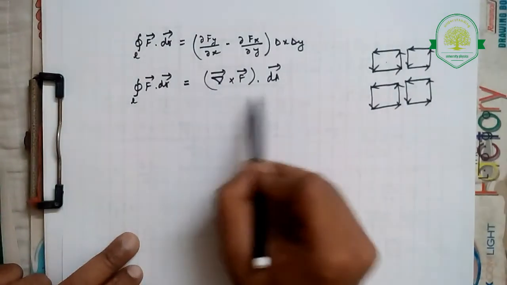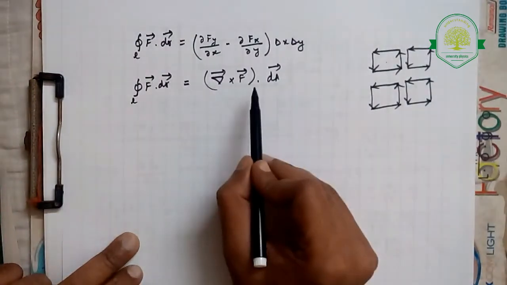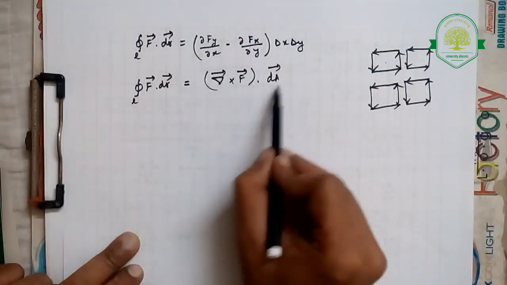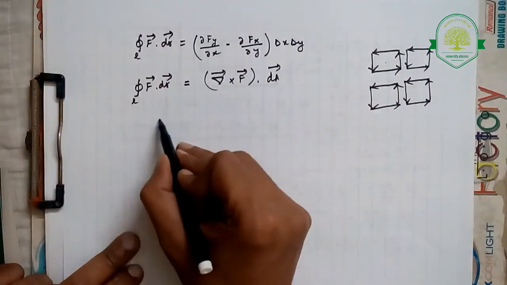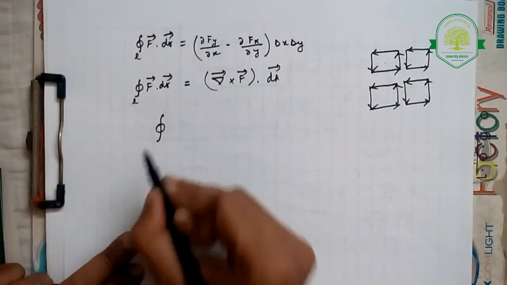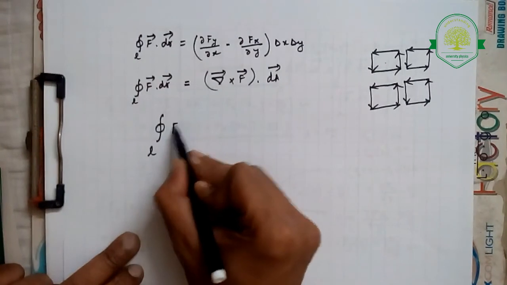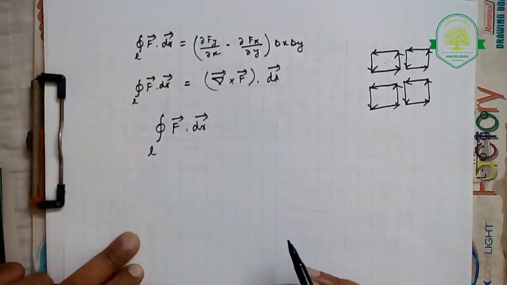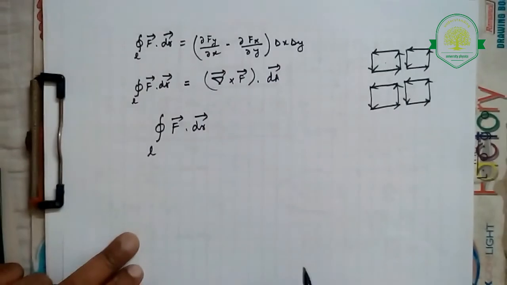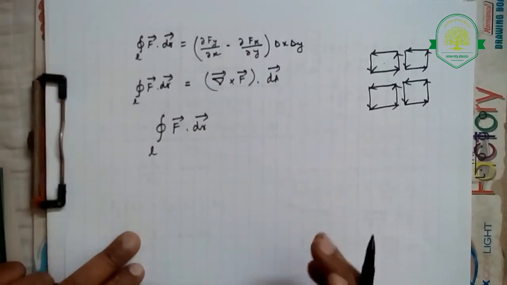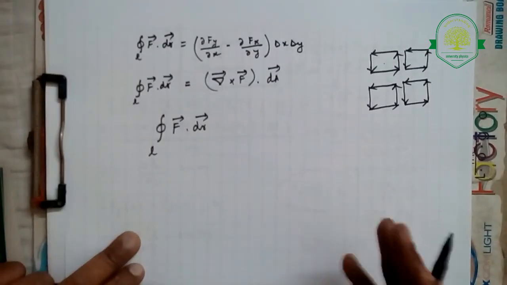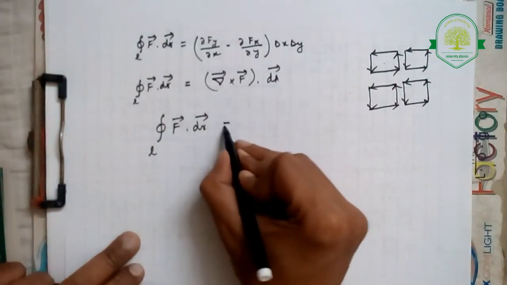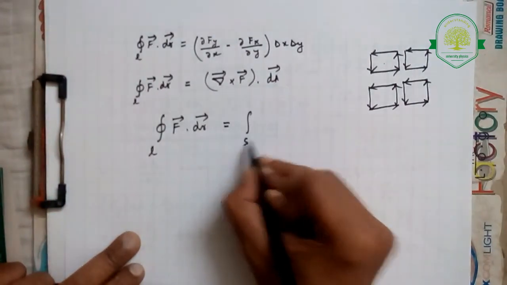So this ultimately becomes a surface integral. So this integral has to be done over the entire surface. So our expression for the bigger loop, the loop which is not infinitesimal but has finite lengths and breadths and everything, is ultimately this.